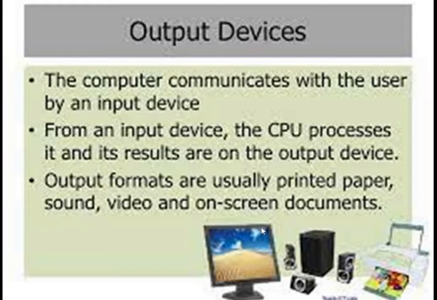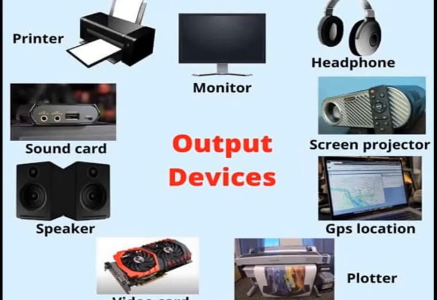You may see here, this is the output device, which is the monitor, and here it is speaker, and here it is a printer, which is generally used to show the final result on the screen. Here we can see it on the monitor. Let's study the examples of output devices.